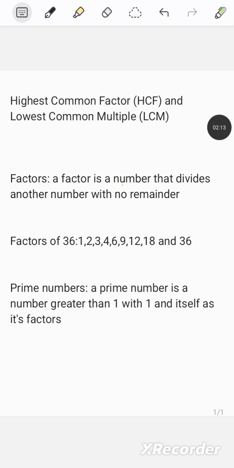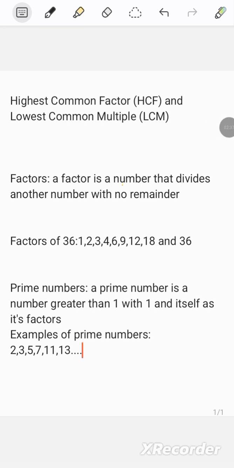Now we go into prime numbers. A prime number is a number greater than 1 with 1 and itself as its only factors. Examples of prime numbers include 2, 3, 5, 7, 11, and 13.